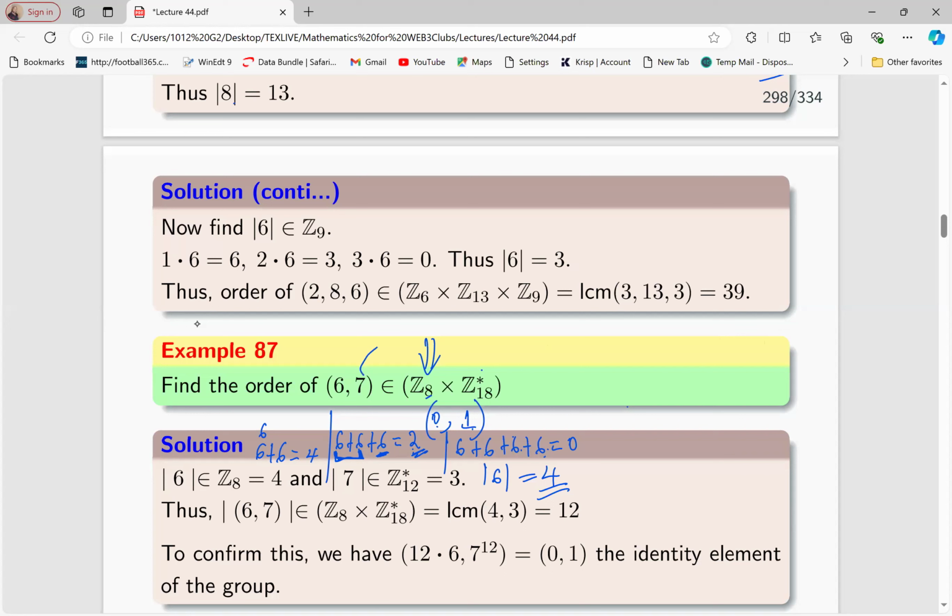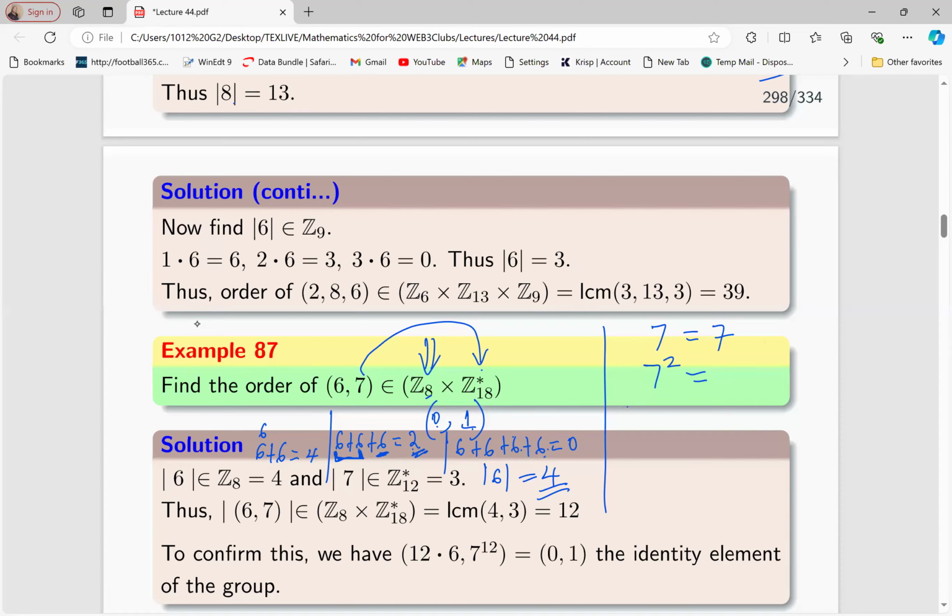What about the order of 7 in this multiplicative group? We want to do it until we get the identity 1. 7 once is just 7. This time I'm multiplying, not adding, because we're dealing with a multiplicative group. So 7 twice is 49.